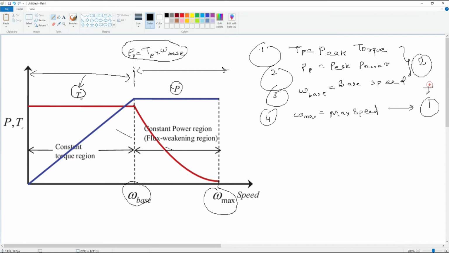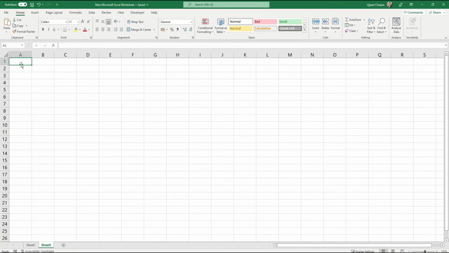So if we can get this 2 plus 1, three variables, we can create this entire curve. And that is what we're gonna see in the Excel explanation coming up next. So let's do a quick exercise. We'll assume some values of those quantities and then we'll create a curve. So let's begin.